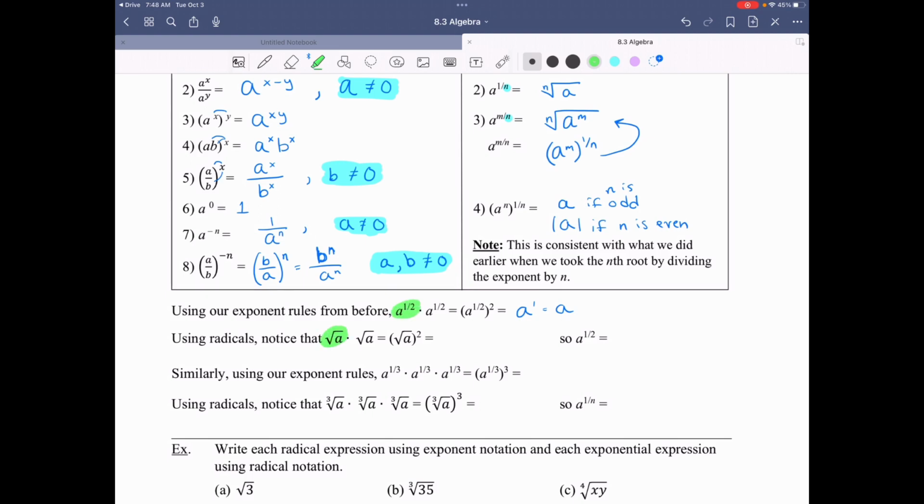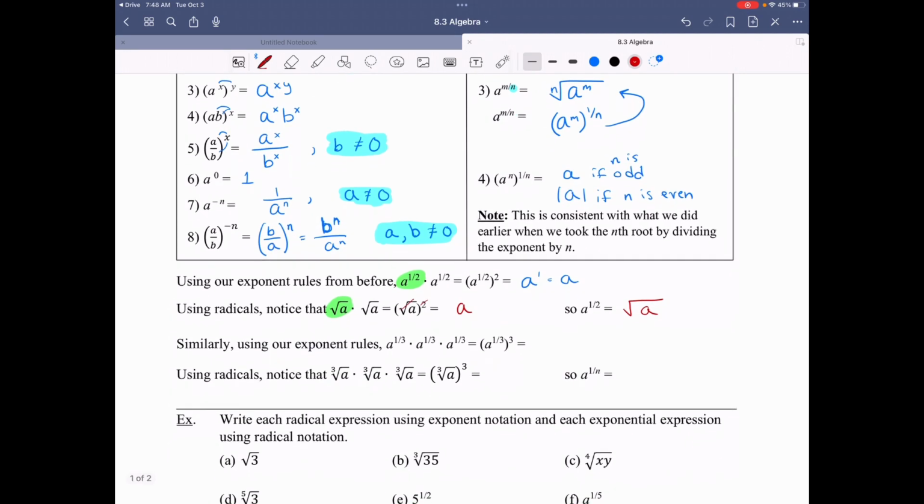These are the same, and so the answer is the same. These just cancel out, so we're left with just a. So a to the 1/2 is the square root of a, and we're just proving that.